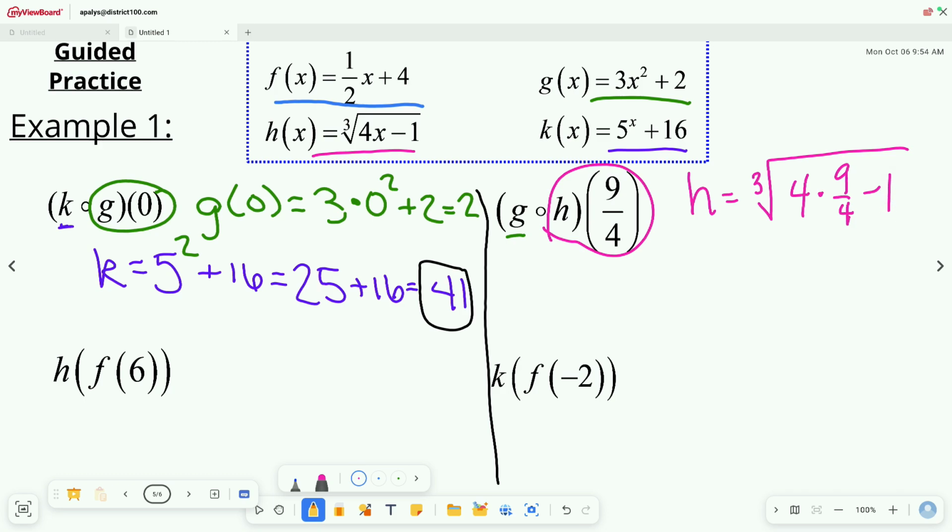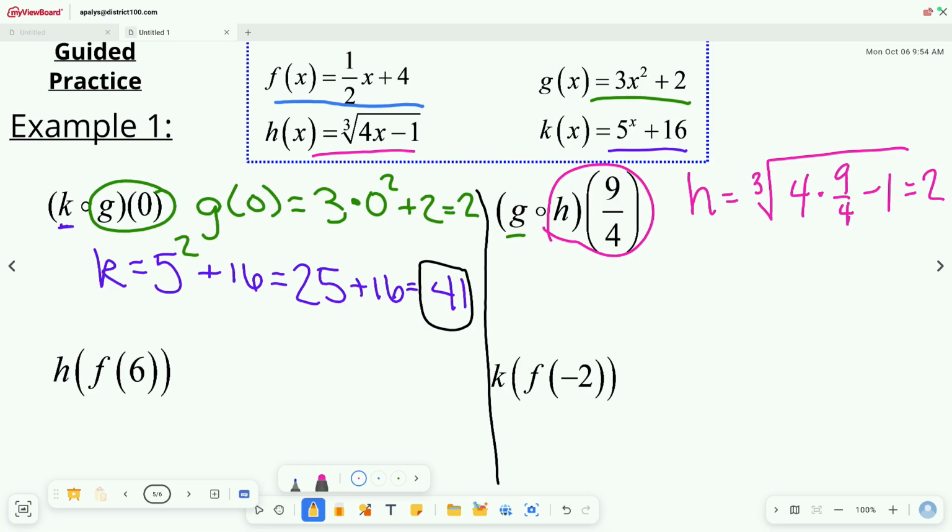On your calculator, you hit math, and you'll see that the cubed root is option 4. So you hit math 4, and it gives you the parenthesis, and you put in 4 times 9/4 minus 1, and you should get 2. Why is that? 4 times 9/4 is 9. 9 minus 1 is 8. The cubed root of 8 is 2. Again, you have a calculator to calculate it for you.